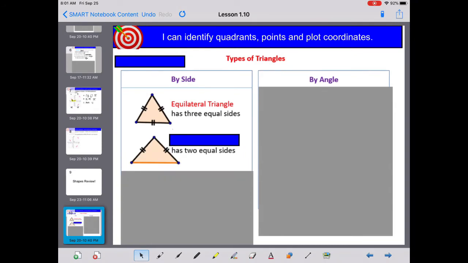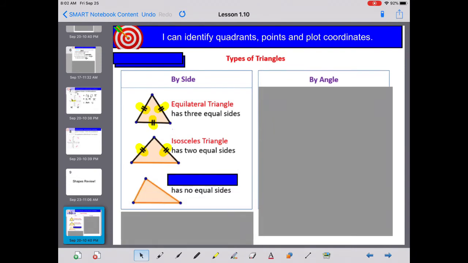This one has exactly 2 equal sides. You're going to notice that these little marks show which sides are equal. Here, these 3 are equal, so they all have that mark. This is an isosceles triangle. And lastly, we have a triangle that has no equal sides. Notice there are none of those little lines in the sides of the triangle. That is called a scalene triangle. Put that in your notes.